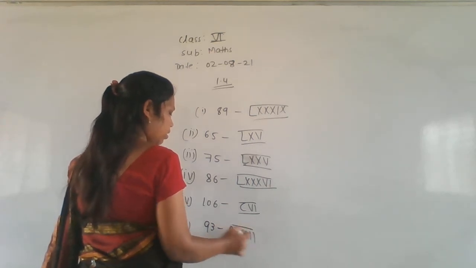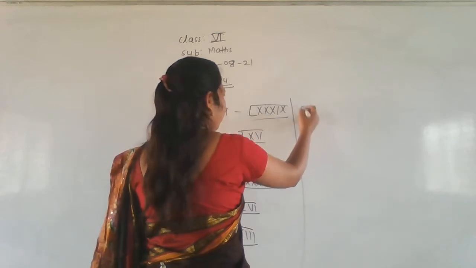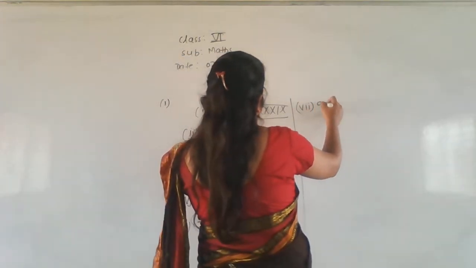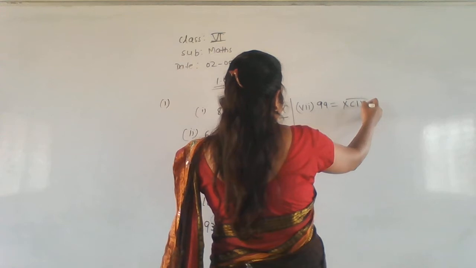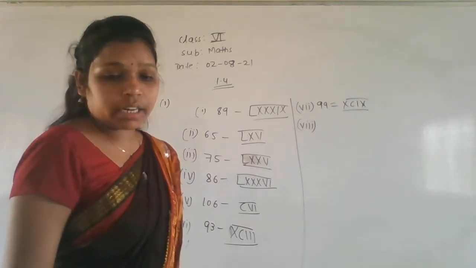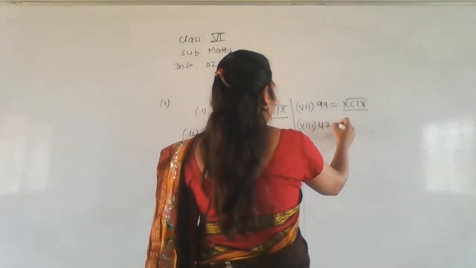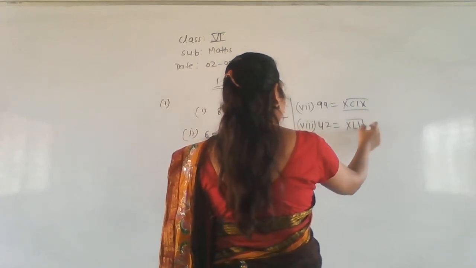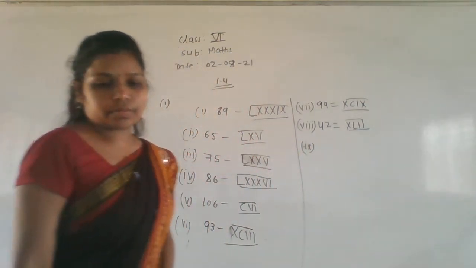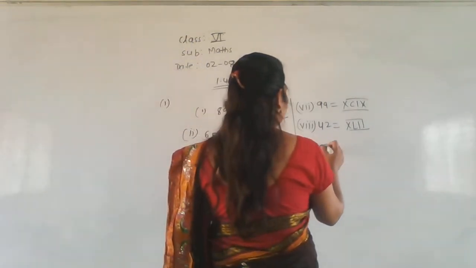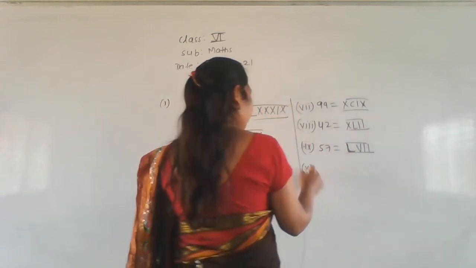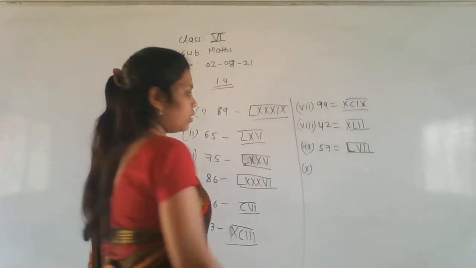XC3. Seventh one, 99. 8th one, 42. 57. 68.